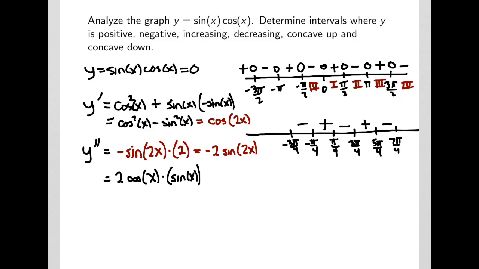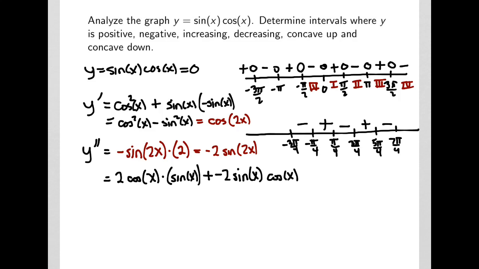And then we add. Okay, this time we have negative sine squared, we take a derivative, so we get negative 2 sine of x to the first power times the derivative of sine of x, so times cosine of x.